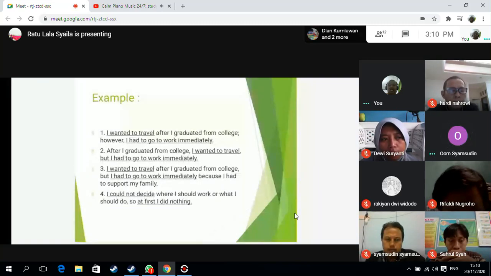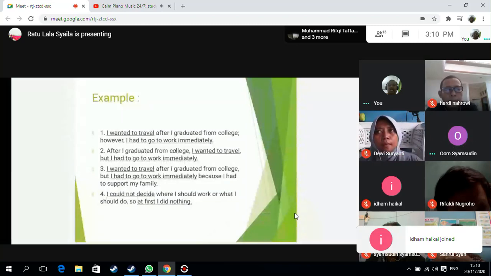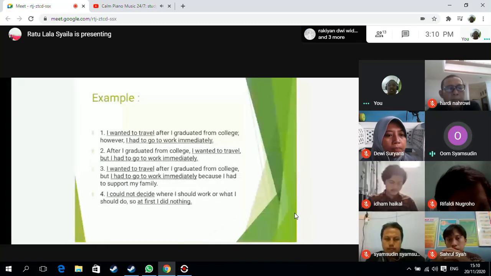But I have to find a job because I have to support my family. My family, yes. Beda kan? Beda, tapi artinya adalah yang nomor 3 itu. Hanya yang nomor 3 logikanya masih logika bahasa Indonesia.